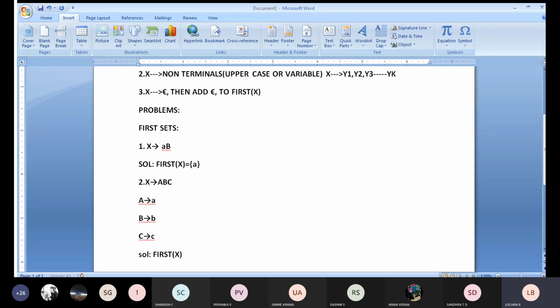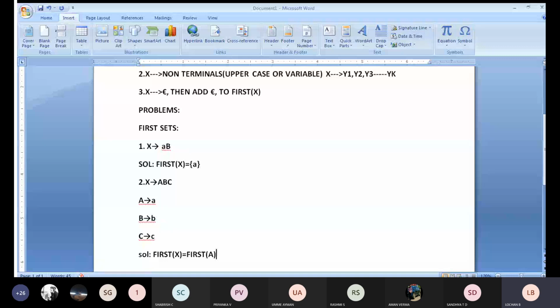In this particular problem, first of x, what are you going to get? You get the non-terminal capital letters. In the previous problem you got a small letter, so we wrote it directly. If you get non-terminals or variables, first of x is the first variable in the right side production, so you get first of A. In A, we go to A implies small a.